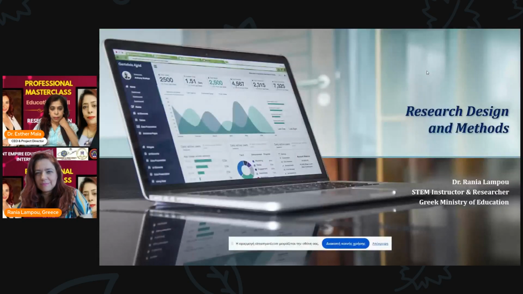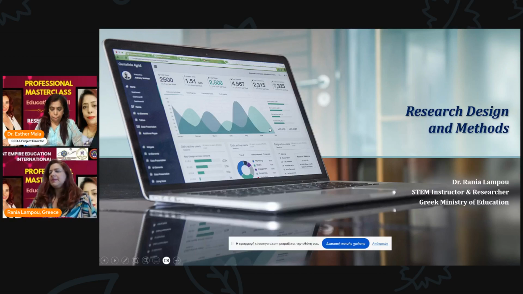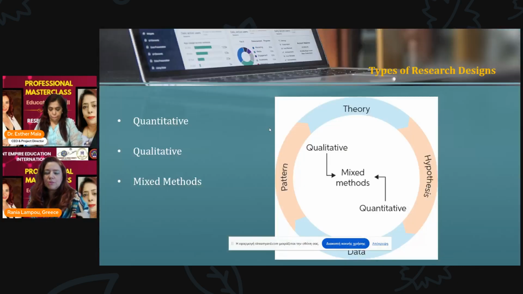Yes. Okay, thank you. So the research design is actually the blueprint of any study. It outlines how data will be collected, analyzed, and interpreted to answer the research question. What are the main types of research designs? Quantitative, qualitative, and mixed methods. Quantitative focuses on numerical data, statistical analysis, and often seeks to test hypotheses.